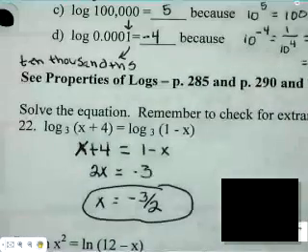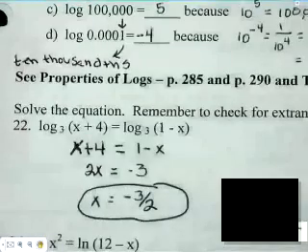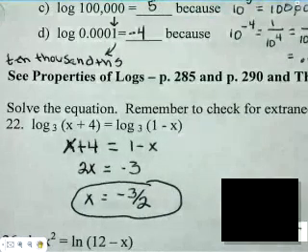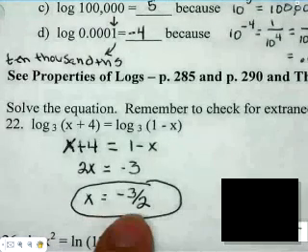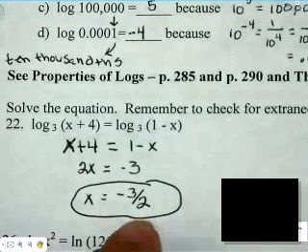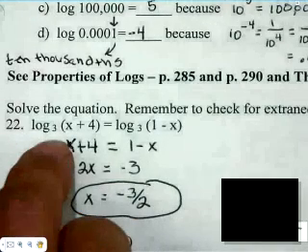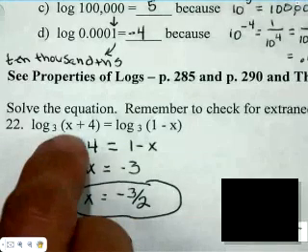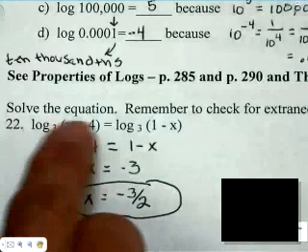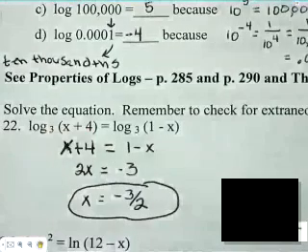Which makes me wonder, how are we going to know when there's an extraneous solution? How do we know if we've come up with something we can't let x be? Well, I know what the denominator of a fraction can't be. It can't be 0.